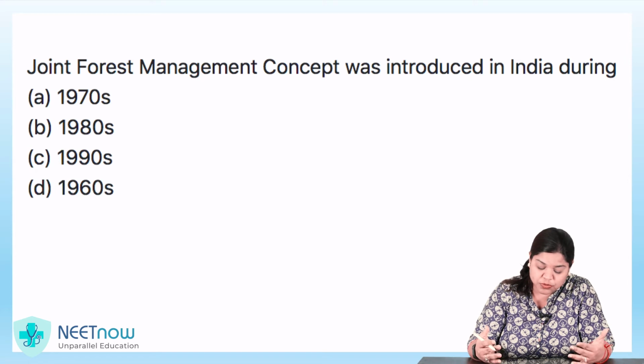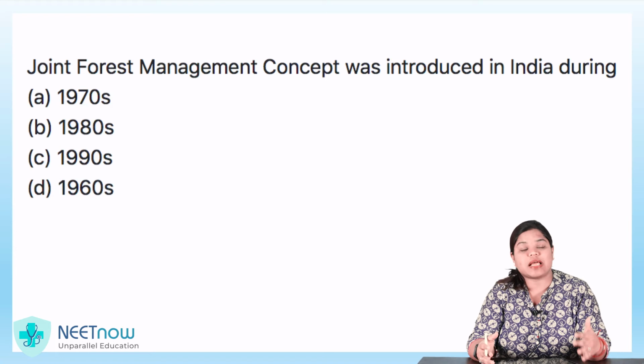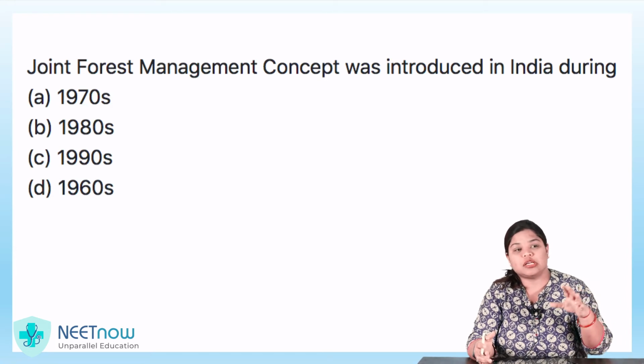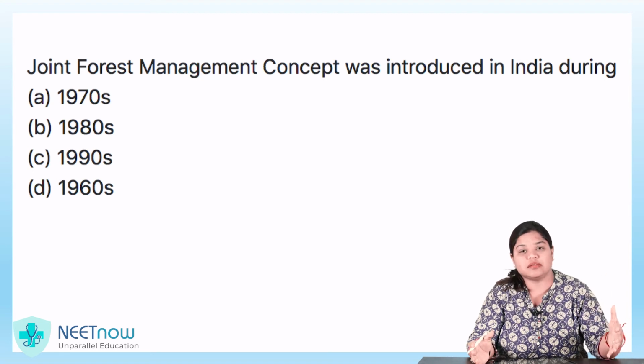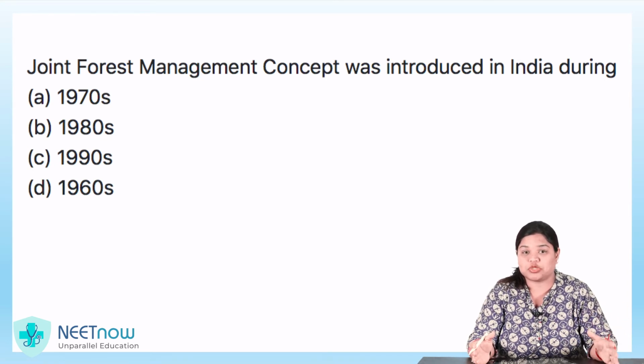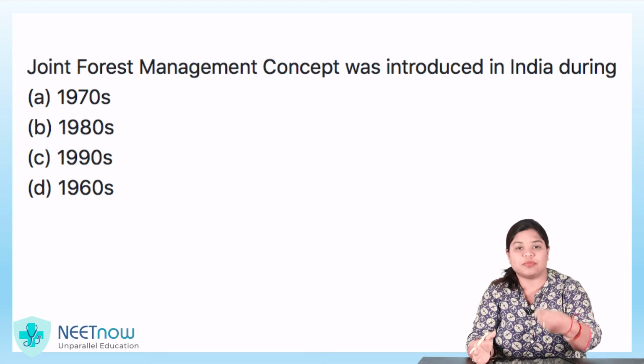The joint forest management concept was introduced in India during. Now you have to understand there's a chronology. If you look at the case study, you will see that in the 1700s Amrita Devi Bishnoi fought. Then there was another year.